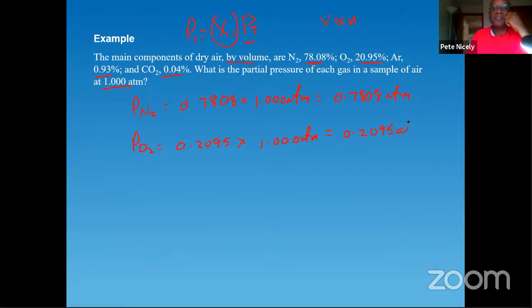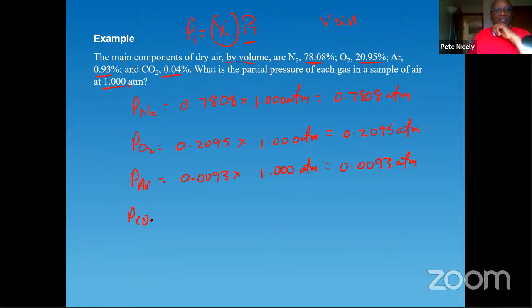This is going to give you 0.2095 atmospheres. And then in the case of the next gas, which is argon, the partial pressure of argon is equal to 0.93%, which is the same thing as 0.0093 times 1.000 atmospheres. That would be equal to 0.0093 atmospheres. The final gas is carbon dioxide.